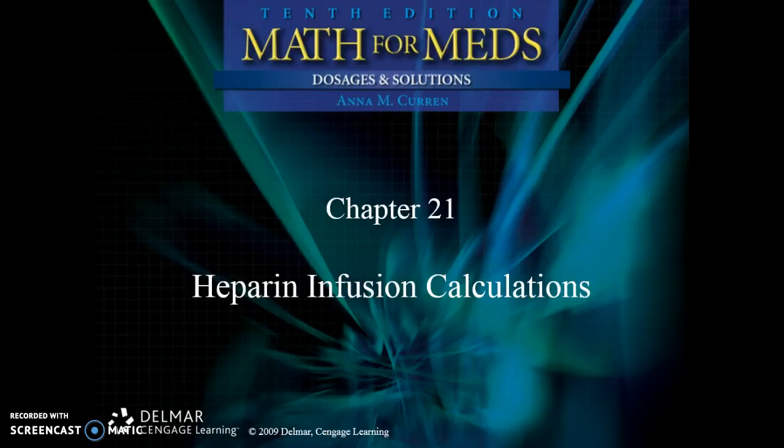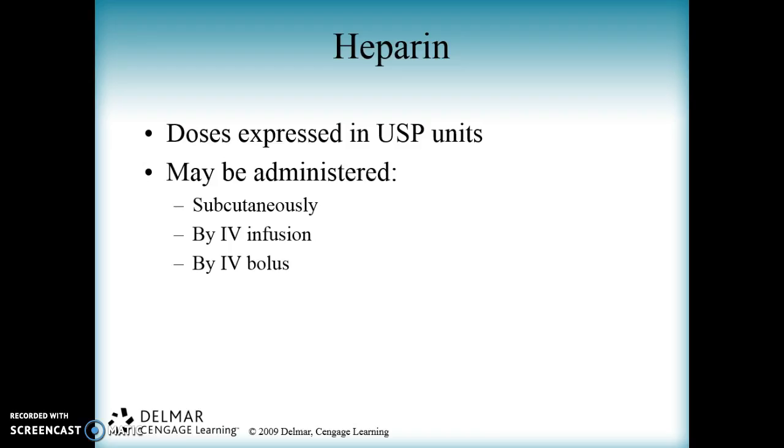Heparin is an anticoagulant. So basically what it does is it inhibits blood clots from forming or getting larger. The doses for heparin are expressed in what we call units, USP units, and we administer this drug either subcutaneously, through an IV infusion, or through an IV bolus.